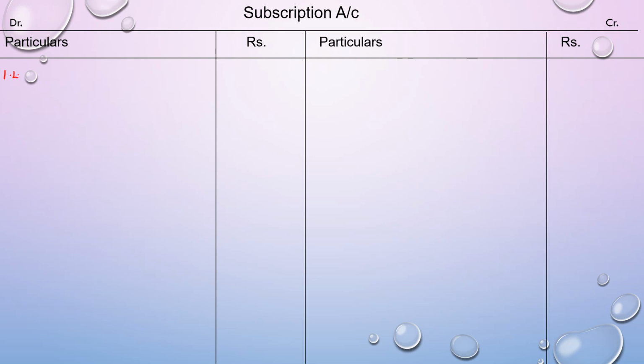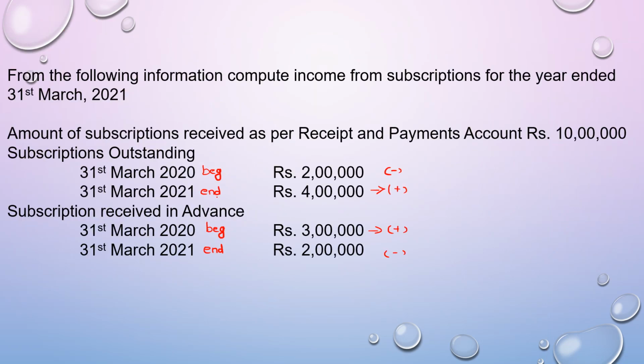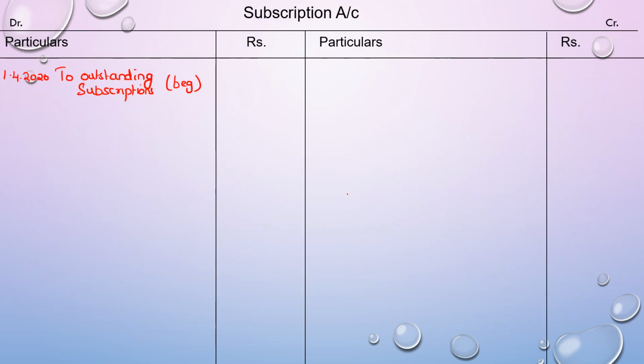So on 1st April of 2020, if we have a date column, there will be to outstanding subscription, that is at the beginning. Let us look at that amount. Outstanding at the beginning is 2 lakh, end is 4 lakh. So it would be 2 lakh.